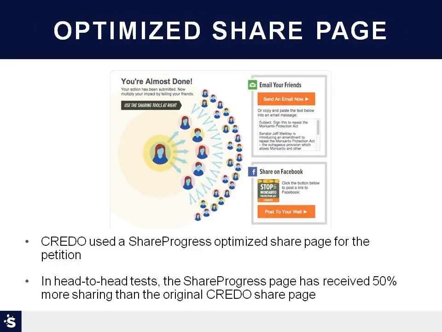The second step was that they used a Share Progress optimized share page, and when I say optimized here, I actually mean a very similar thing. We at Share Progress have spent a lot of time designing and trying out different pages or different designs and different language that can be shown to people after they sign a petition or after they sign up for an email list, or after they make an online donation, in order to encourage them to tell their friends.